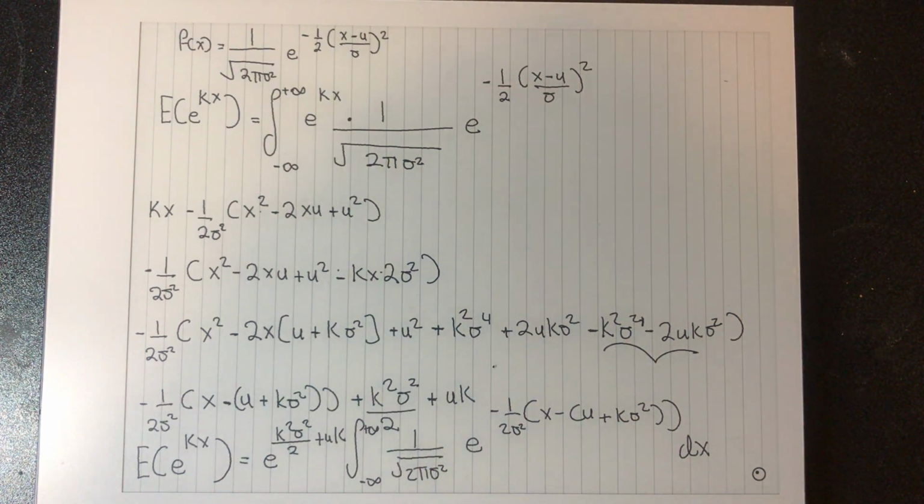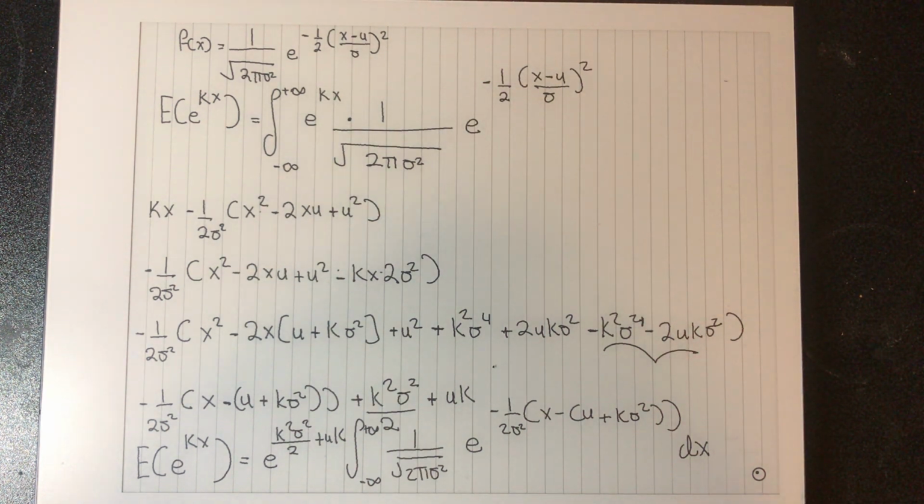So all that happened was that the mean was shifted. However, taking the integral of the normal distribution from negative infinity to positive infinity, even if the mean was shifted, is simply equal to 1.